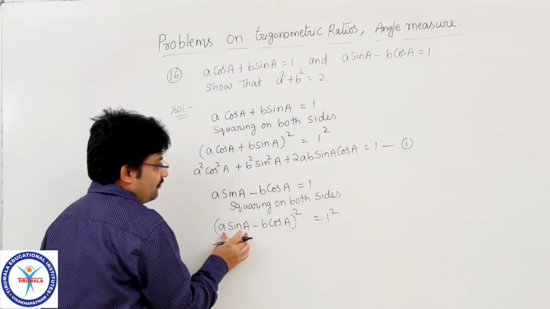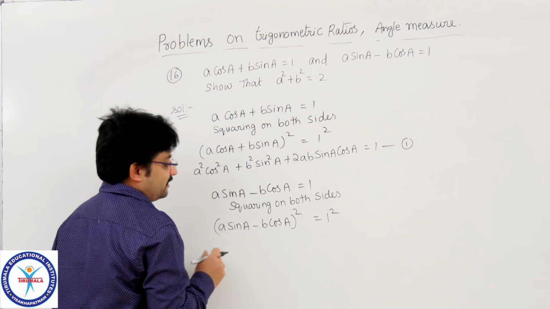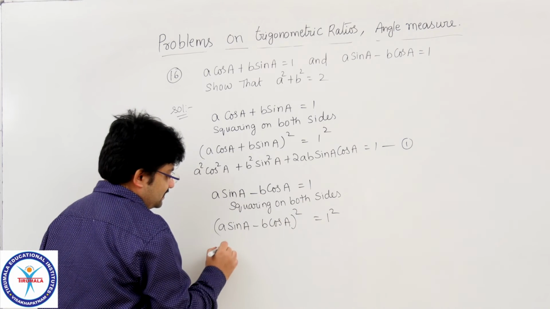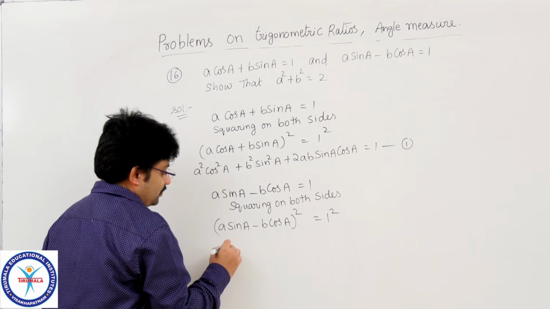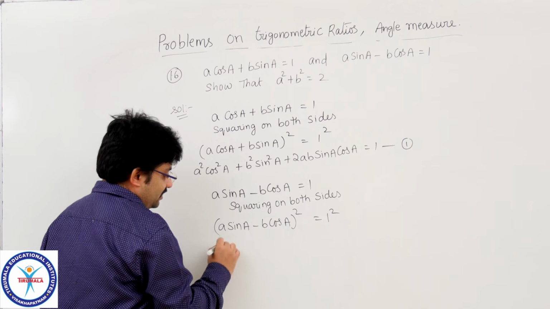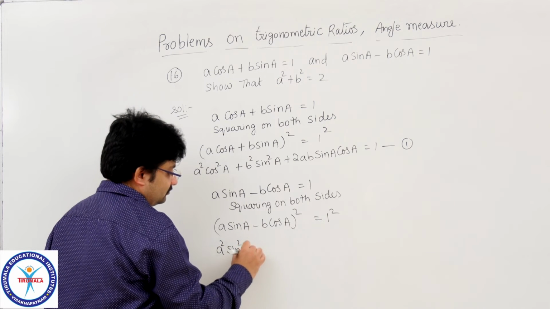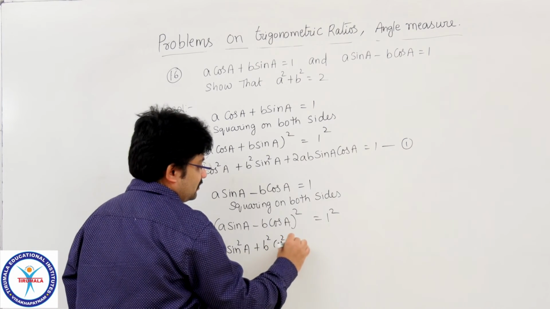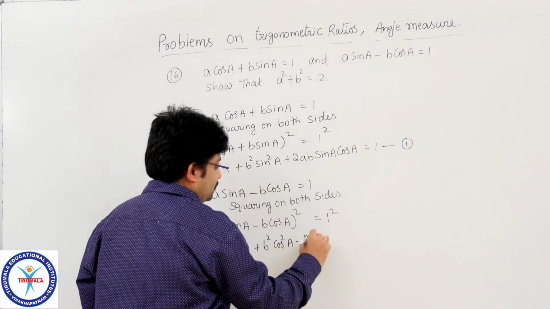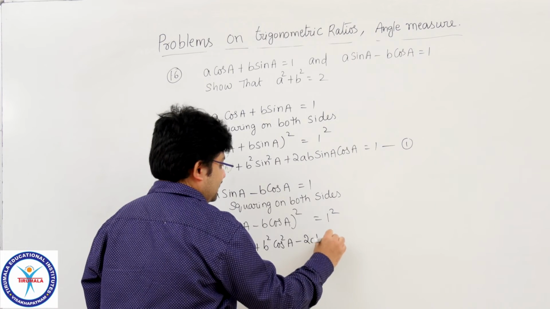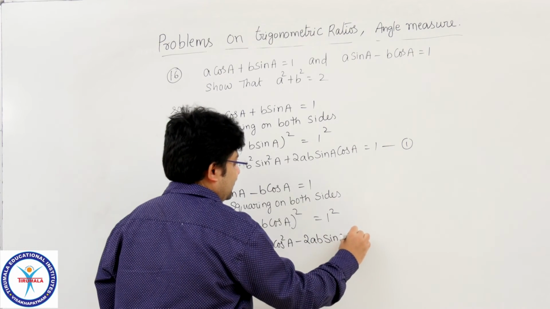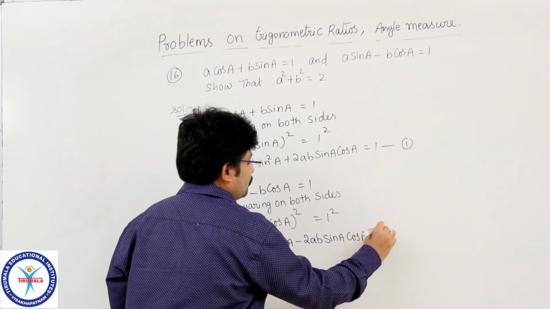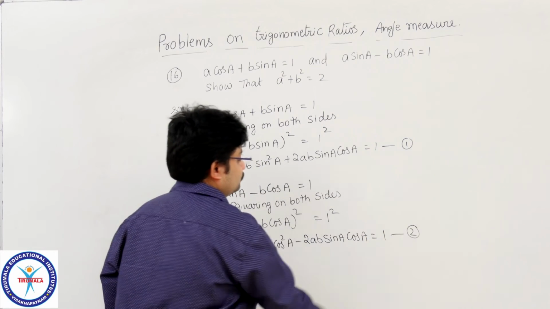It is in the form of a minus b whole square. a minus b whole square is a square plus b square minus 2ab. The expansion is a square sin square a plus b square cos square a minus 2ab sin a cos a is equal to 1. Equation number 2.